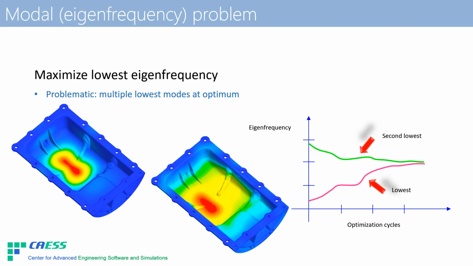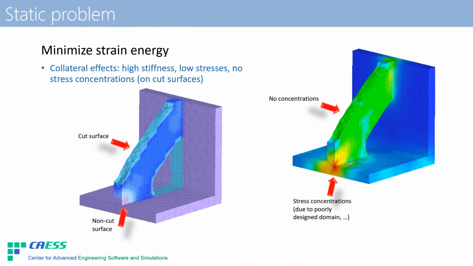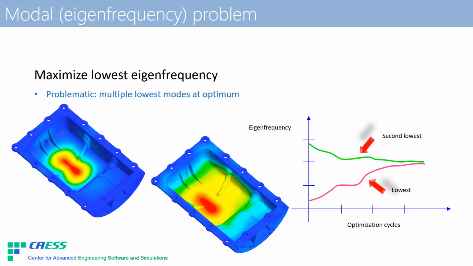Typical jobs look in a way that we also advise our customers: always the static problem should be solved first, and when we get a nice design, maybe it is time to check for the eigenfrequency, and if needed, then combine these two problems in order to get maybe somewhat higher lowest eigenfrequency. A good optimizer can combine this very well. I will show you this later.